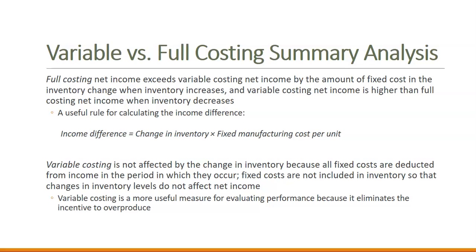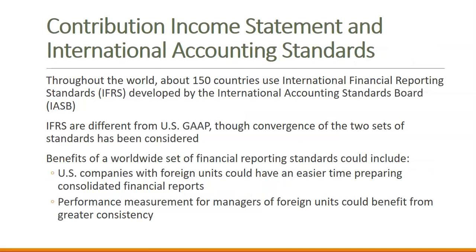Variable costing is not affected by the change in inventory because all fixed costs are deducted from the income. So it eliminates this incentive for management to overproduce inventory, which can make their bottom line numbers look better under our normal full costing analysis.